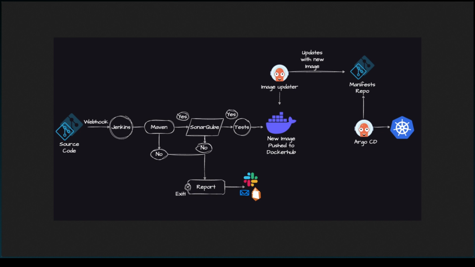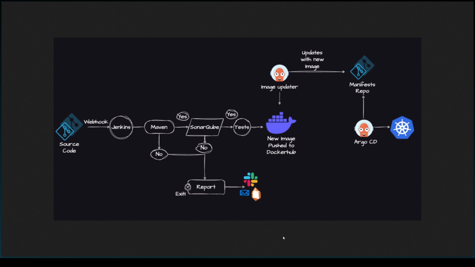Okay, so let me explain it to you. The first step is the Jenkins pipeline is proceeded. After the Jenkins pipeline is triggered, Maven will firstly build the code into a jar file, and if the build is successful, then it will proceed.